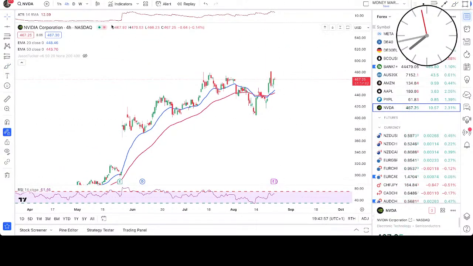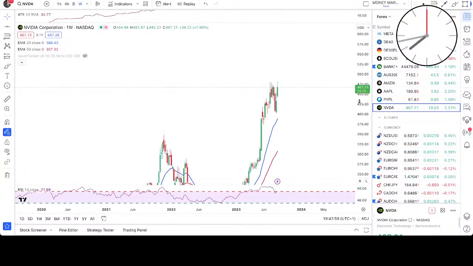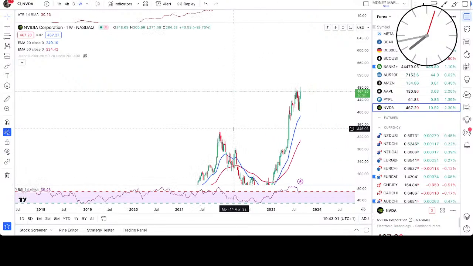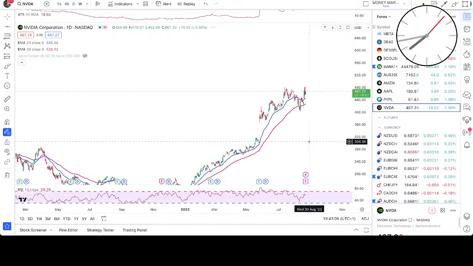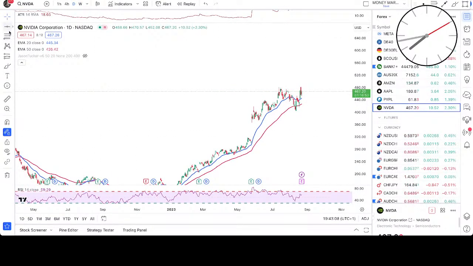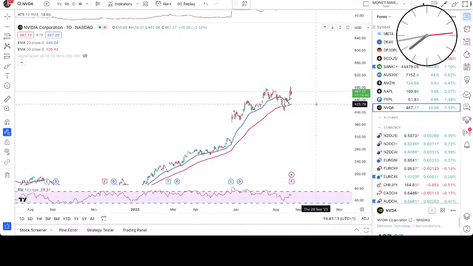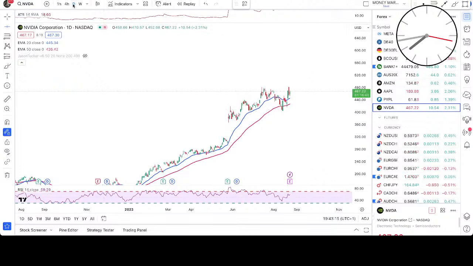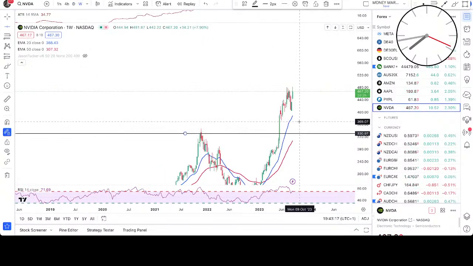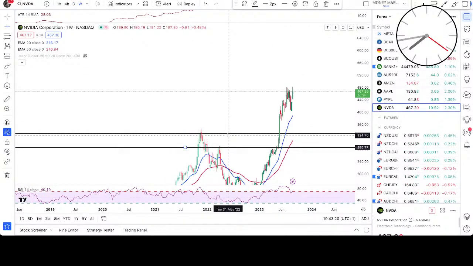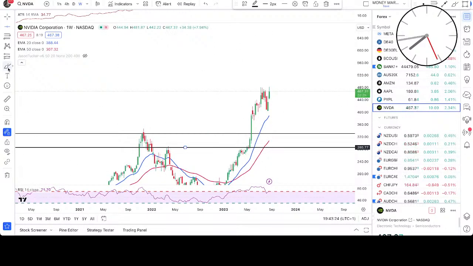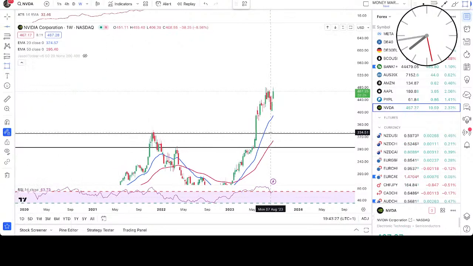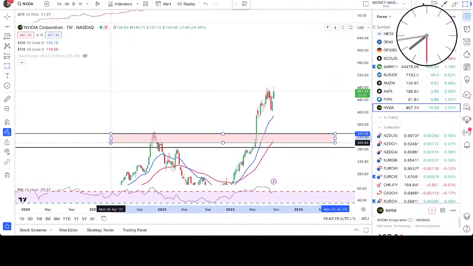Right, nice uptrend. And let's see where it's heading to. Wow, so it's at an all-time high, and that is the only area I'm looking at to take my buy trades.